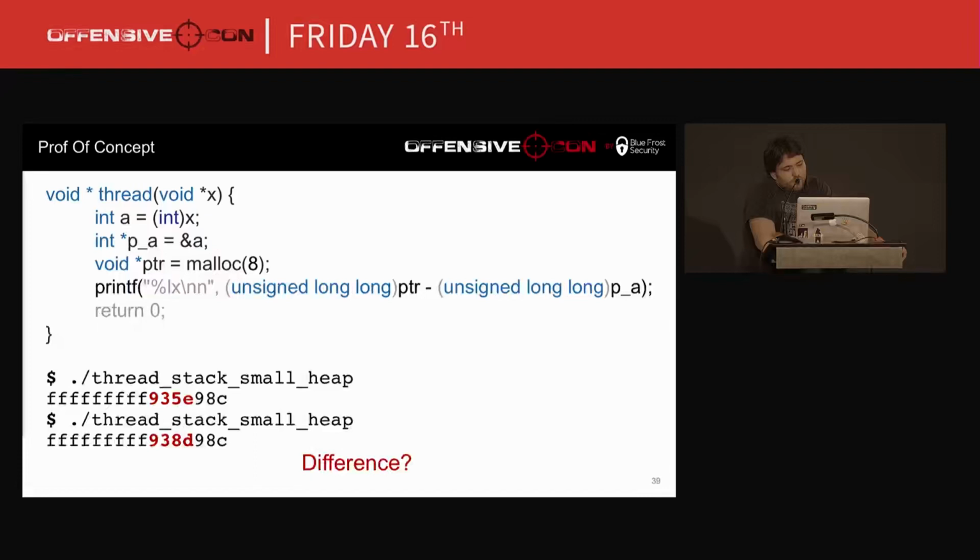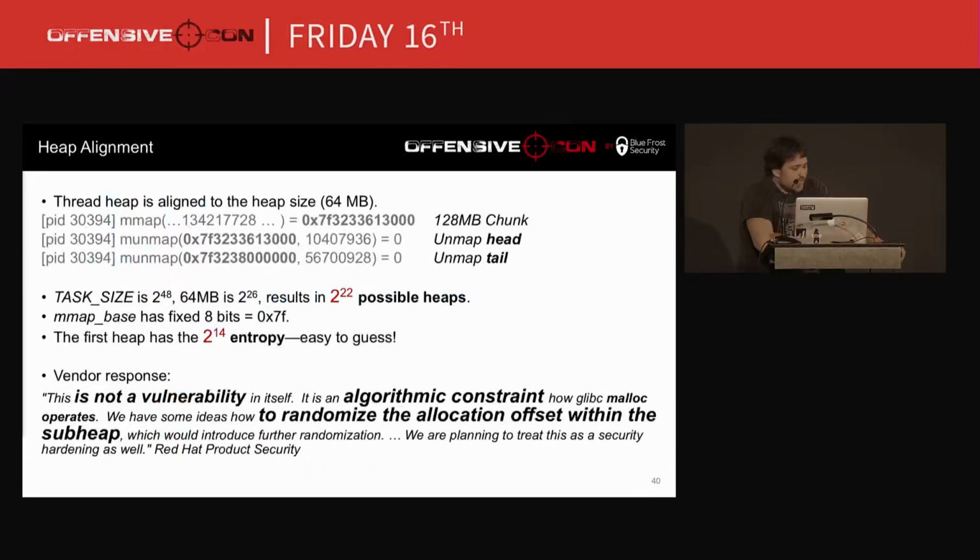If we take a look at the result of this code, we will see the difference, and where is this difference coming from? The answer is that when libc allocates a new heap, it uses alignment. It doesn't allocate just an mmap and that's all. It mmaps 128 megabytes and unmaps the part that is not aligned.